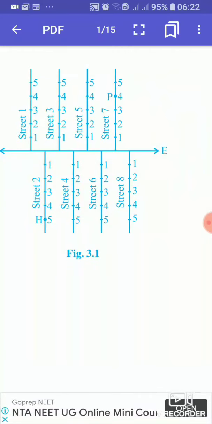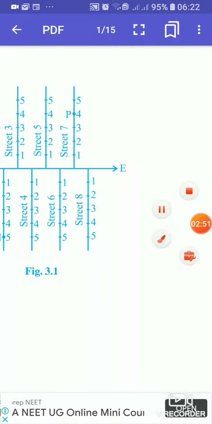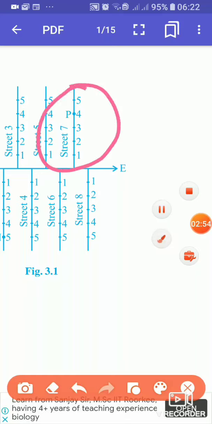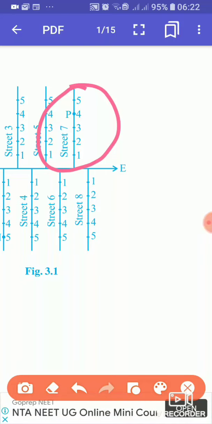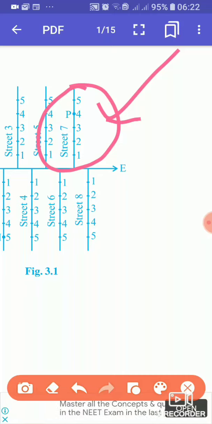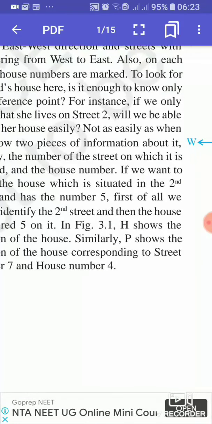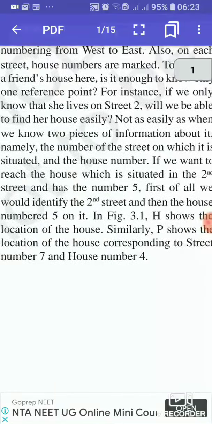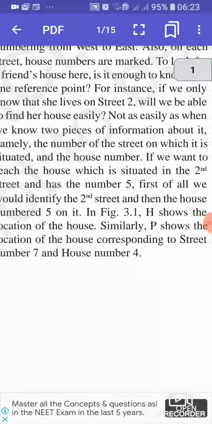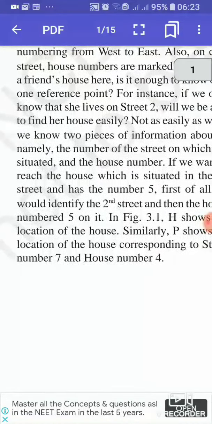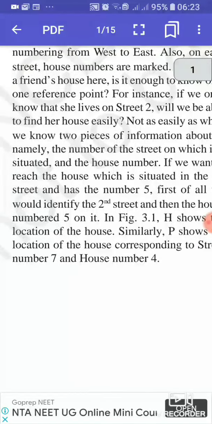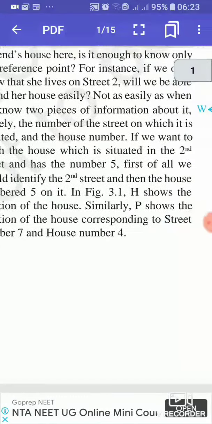You can observe this here, point P, which shows the location of the house on street number 7 and house number 4, right?